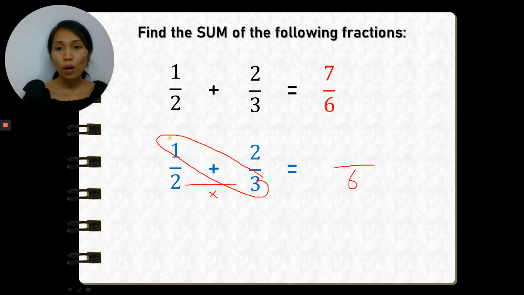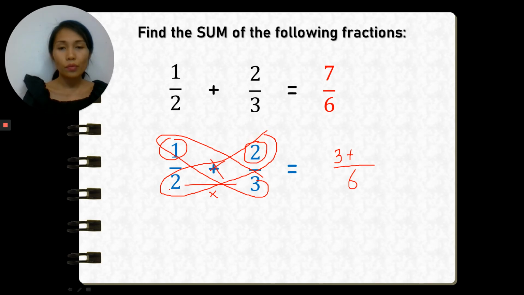Now to get the numerator, you have to cross multiply. You start with 1, the numerator of the first fraction on the left. So 1 times, not plus, times 3 equals 3. And then plus, proceed to the second fraction. The numerator is 2. 2 times 2 equals 4.